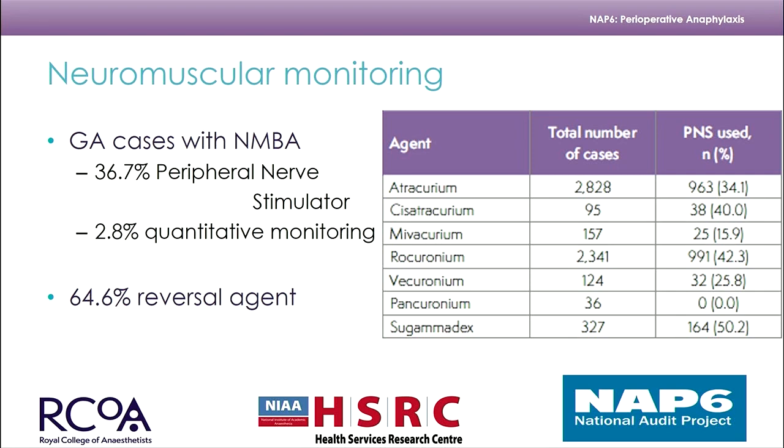Peripheral nerve stimulators were more commonly used with rocuronium and atracurium than other types of neuromuscular blocking agents. And this actually had not changed really at all since NAP5. So in NAP5, the figure is 38% use peripheral nerve stimulators in general anaesthetic cases with neuromuscular blockade. So this doesn't appear to have changed in the intervening 3 years.